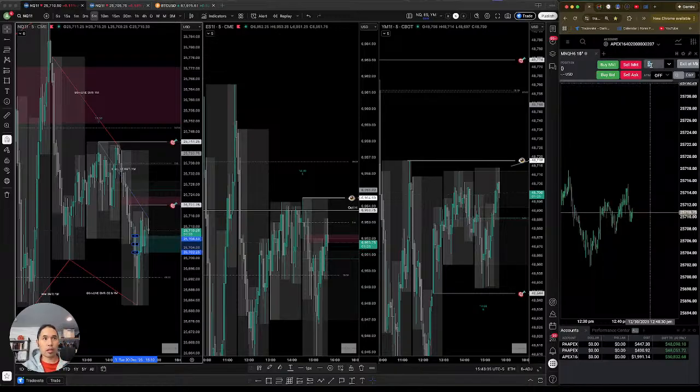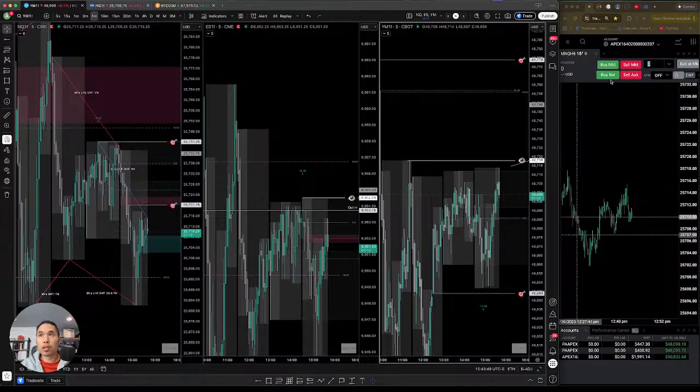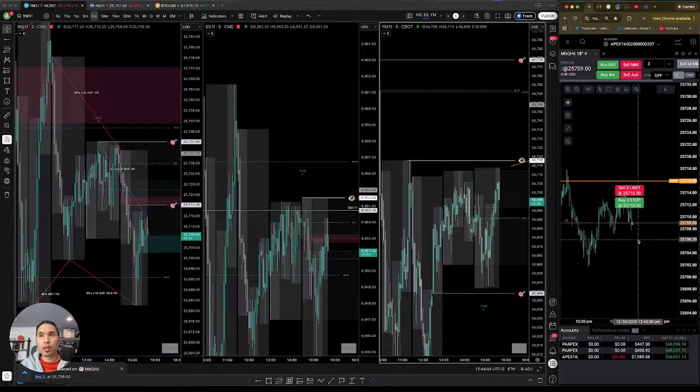All right, I'll risk. Let's see, any SMTs? Okay, that low should be protected. So what is that? 701. Order working. Order filled. This low should be protected here.